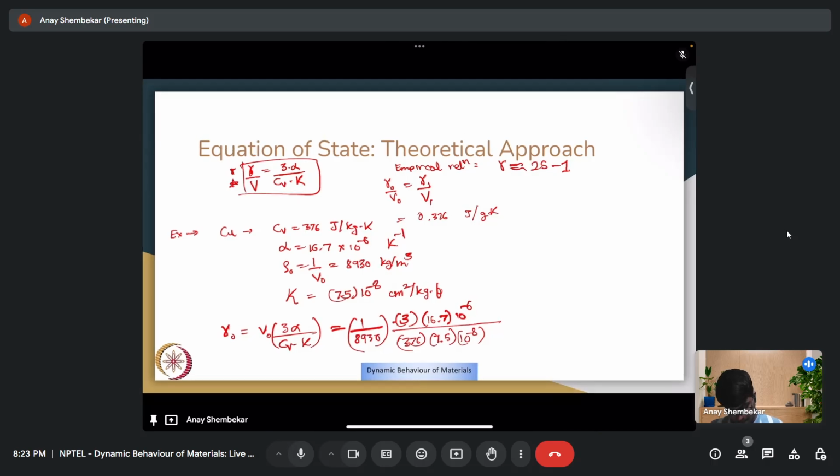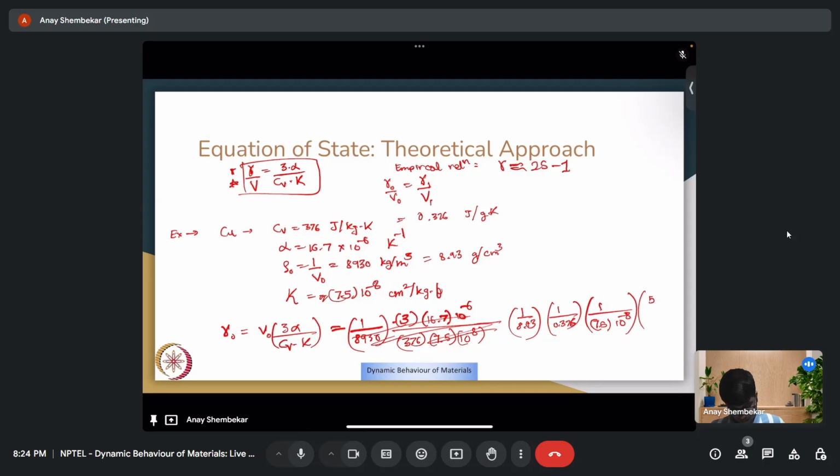The density is 8.93 gram per cc. So you have 1 over 8.93, times 1 upon 0.376, times 1 upon compressibility 7.5 times 10 raised to minus 8.